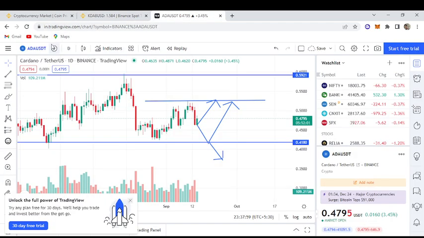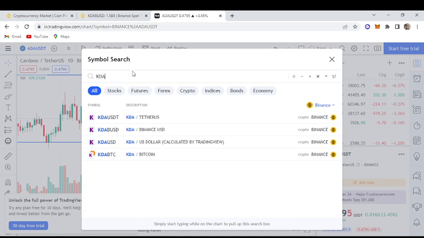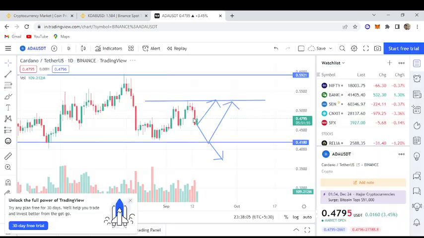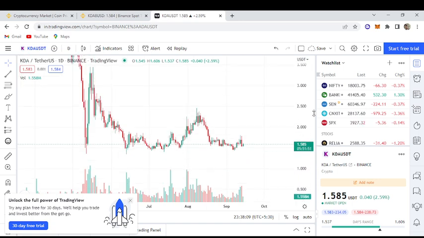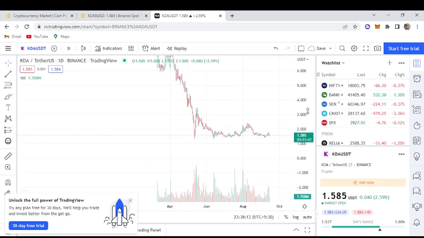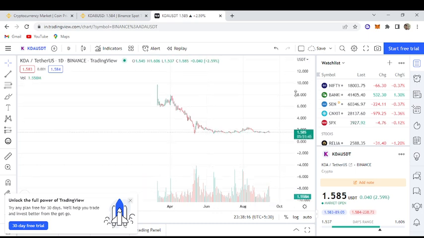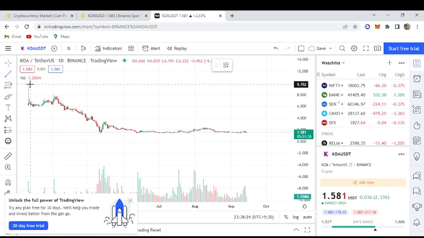Can I see the KDA token right there? KDA. Oh, that's there. That's pretty impressive. Here we can see the full chart on the daily. This is the $9.6 it went up to.